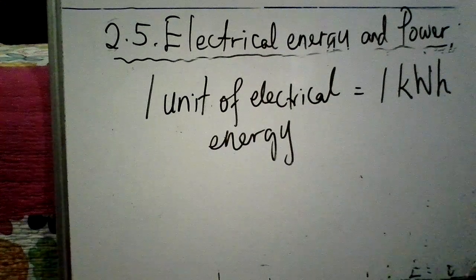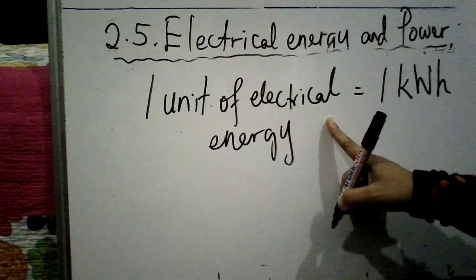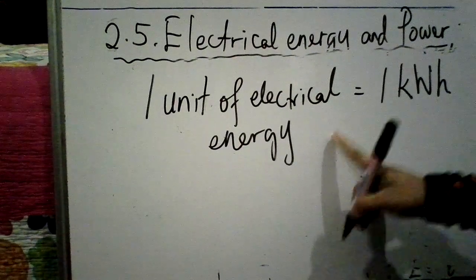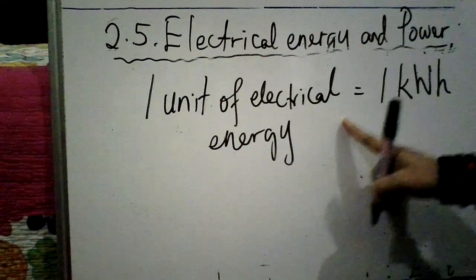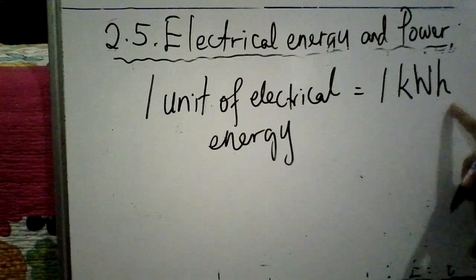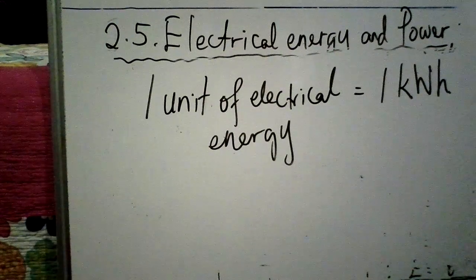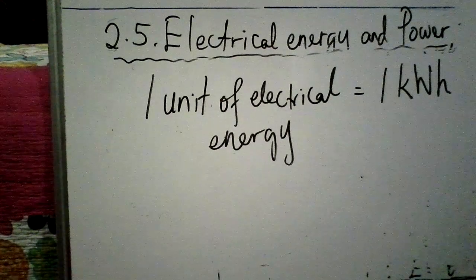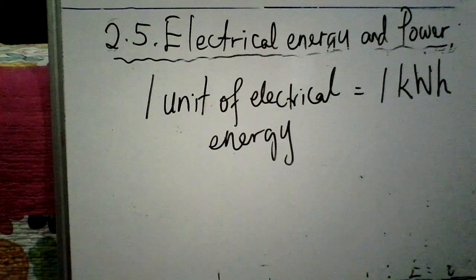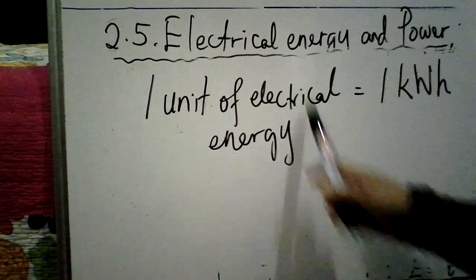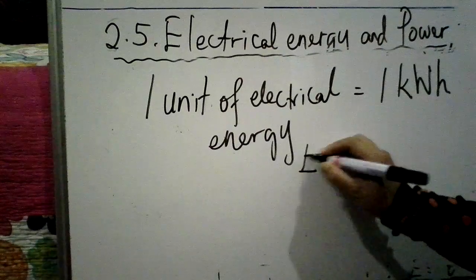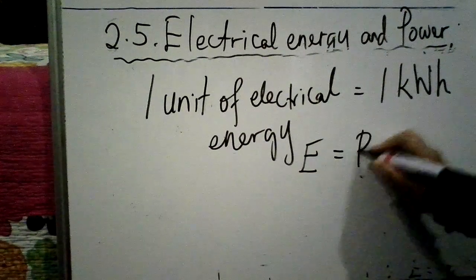So normally in your bill, it will state how many units consumed in 1 month. Then by the number of units consumed, that is the unit kilowatt hour, we can calculate the cost of electrical energy consumed. The formula that we use, because this is electrical energy, is E equals PT.